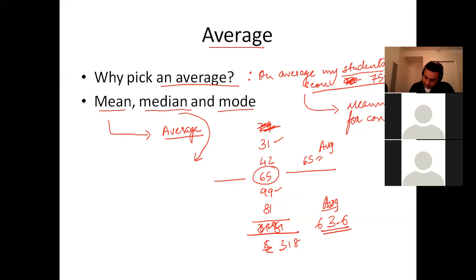The mode is a different kind of average. Let's say, for example, these are the scores of 10 of my students.